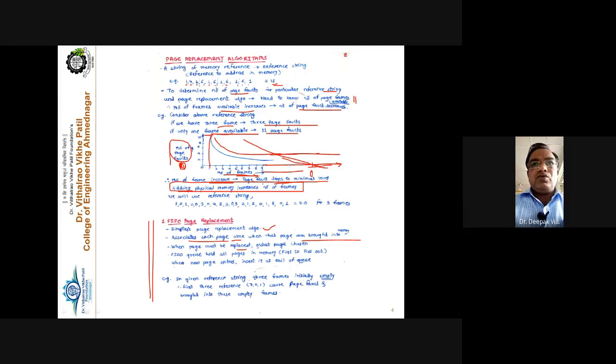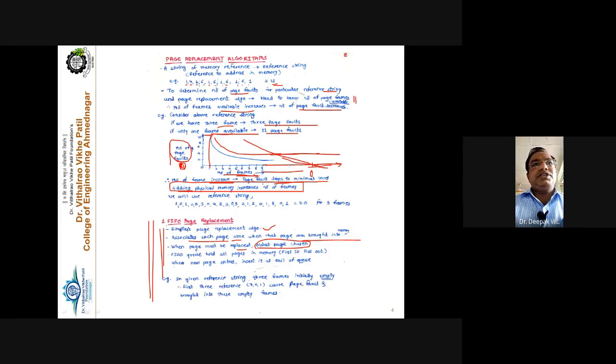Replace the oldest page in memory. That's why it is called FIFO, first in, first out. The page which came in first must go out first. A very simple strategy, easy to implement and easy to understand also.